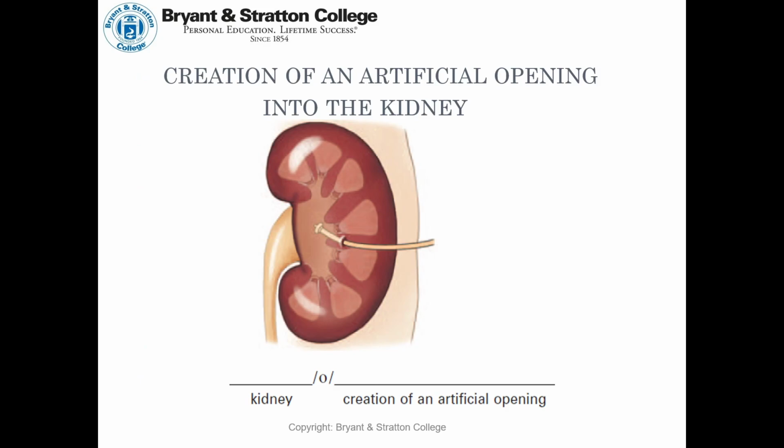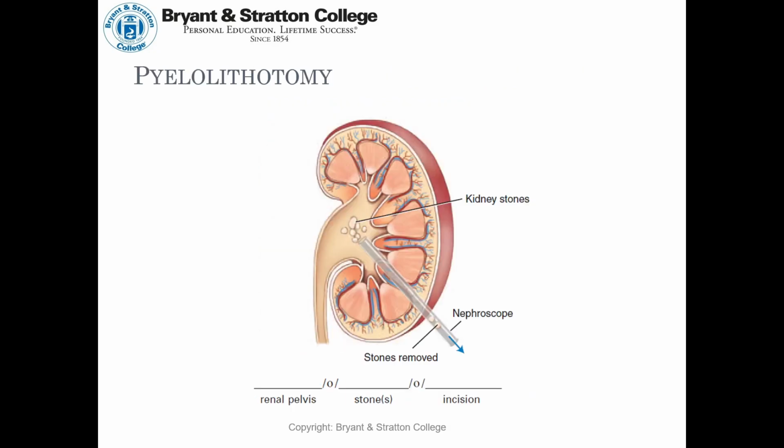So this is an artificial opening into the kidney. What is the artificial opening? Stomy. So nephrostomy is to create an artificial opening into the kidney, and this can be done in situations where urine building up in the kidney needs to be drained. What we see here is a pyelolithotomy.